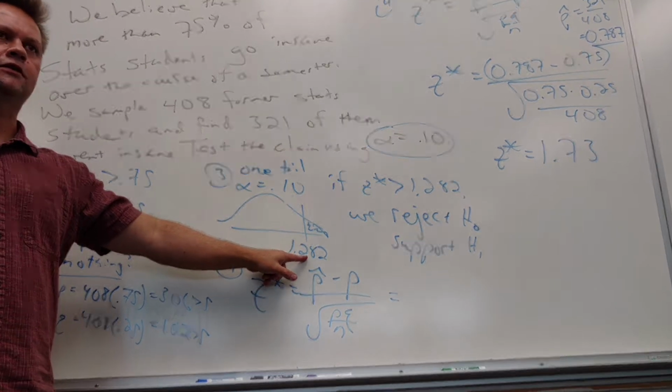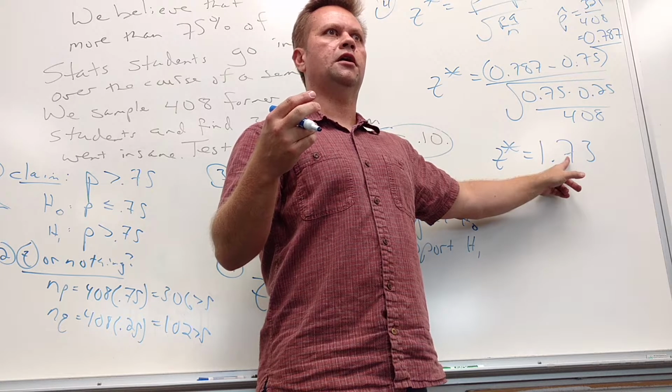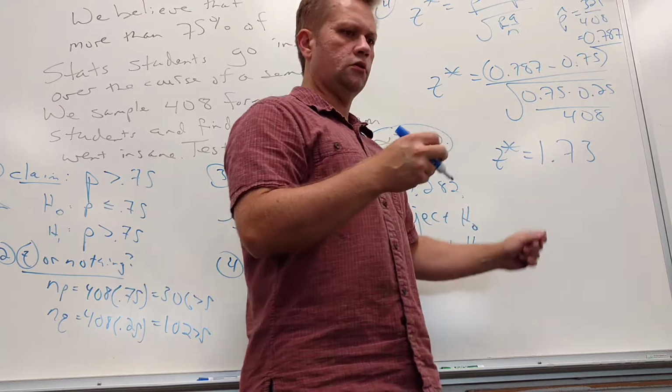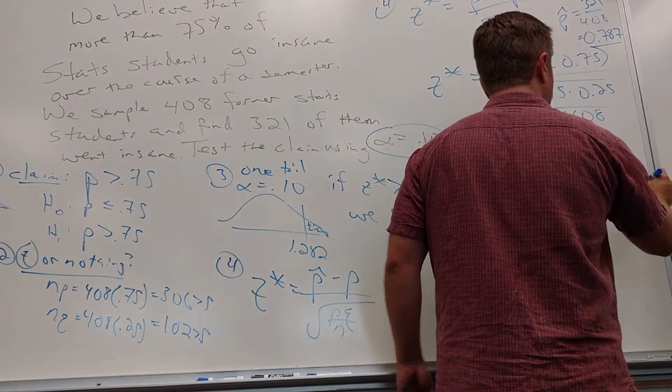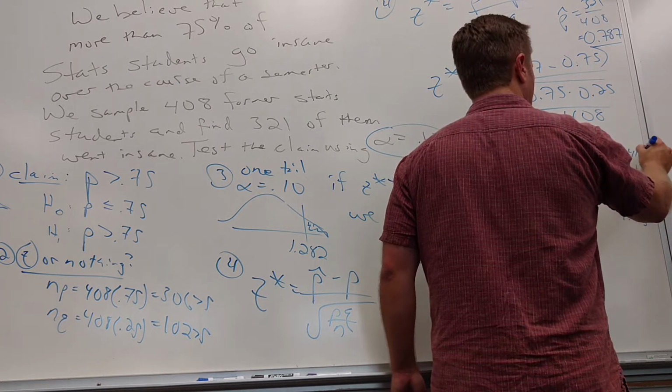Alpha and this z-score have the same relationship as p-value and my z-score. They're exactly the same relationship. 0.0418. Okay, sounds about right. So it's going to be the area in the tail that this z-score makes. 0.0418.